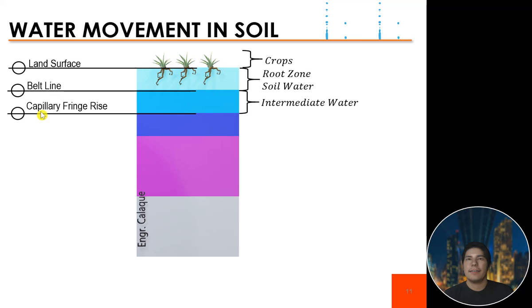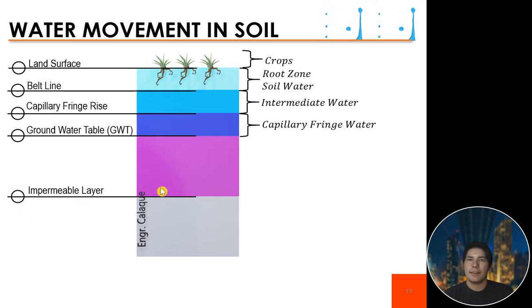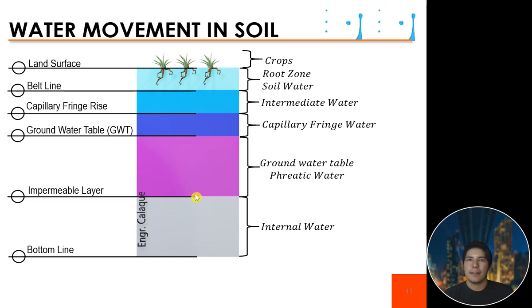And this one is the capillary fringe rise. And we have this groundwater table, and we have this capillary fringe water rather. Okay. And we have this impermeable layer, and we have this groundwater table or the phreatic water. And then we have internal water. And this is the bottom line.